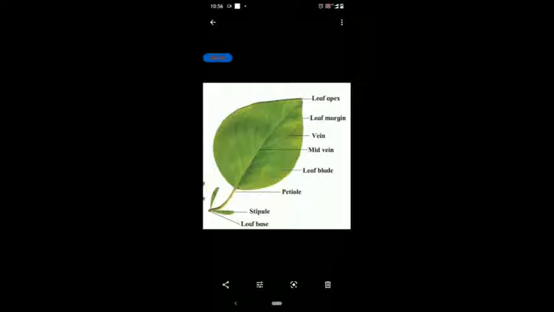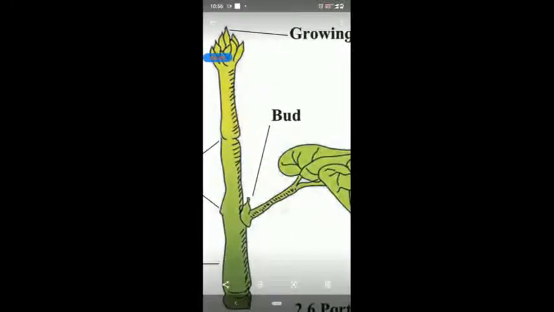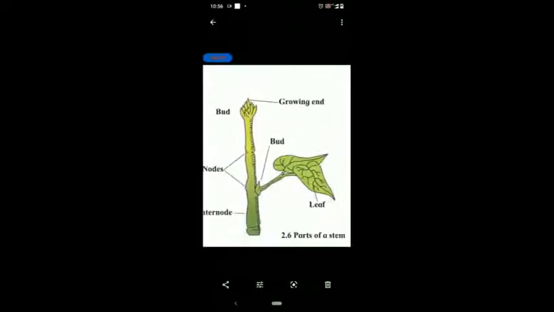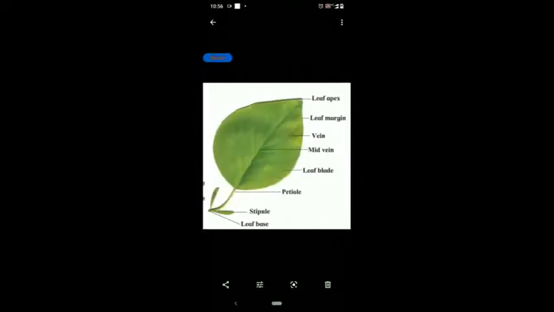Now we'll learn about the leaf. Leaves grow from the nodes, as we have seen in the stem also. Leaves take their growth from the node of the stem. Leaves are generally thin, flat and green in color.